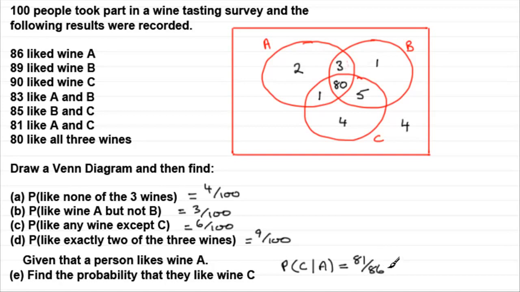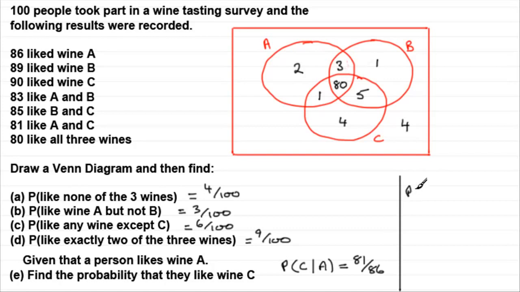Alright? Now you can answer this question by using what is often referred to as the conditional probability formula. And I'll show you that if you did use this, although we tend to use this when we're doing problems with probability tree diagrams, okay? Venn diagrams, you can just see the answer straight off, or you should be able to.